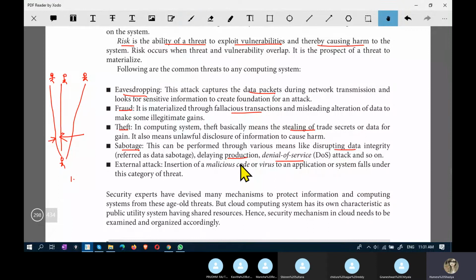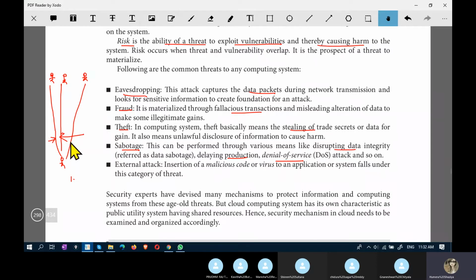Delaying production means you send some information to do some work, and they may say don't do it at this time, do it sometime later. So that is delaying.